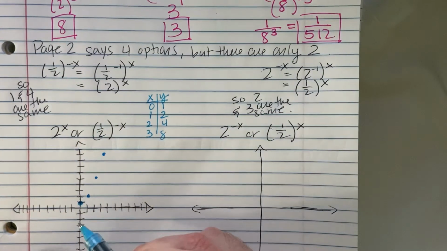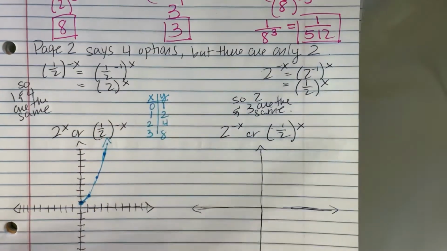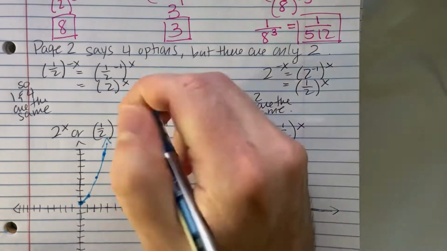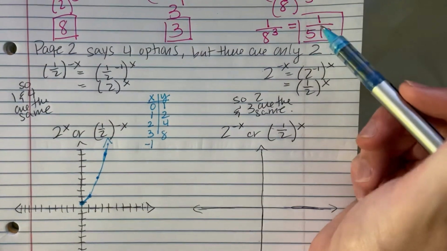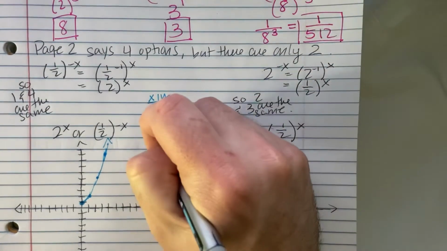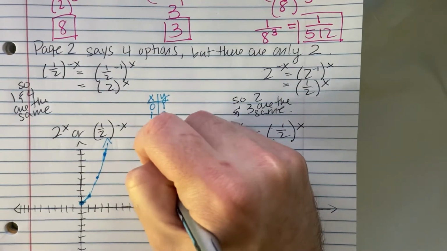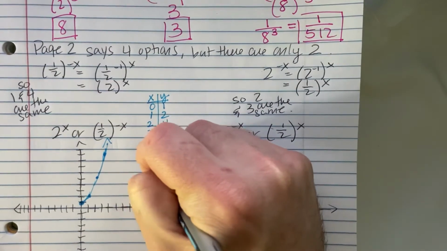So on the right side of this graph, it kind of looks like it's doing something similar to a parabola. What about on the left side? What about if we do negative numbers? What's 2 to the negative first? We just talked, what does a negative power do up in the previous problem? It turns it into a fraction, so it becomes 1 over 2. 2 to the negative second becomes 1 over 4. 2 to the negative third becomes 1 over 8.